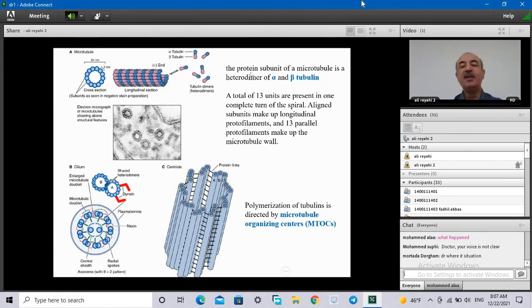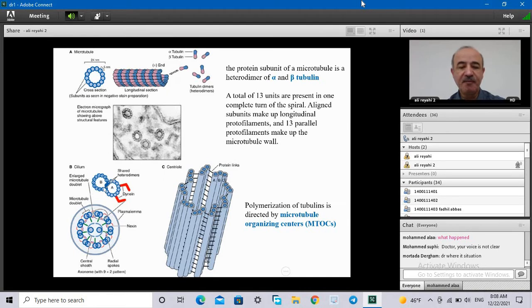The protein subunit of a microtubule is a heterodimer, alpha and beta tubulin, and a total of 13 units are present in one complete turn of the spiral. It's added spirally, and finally it forms the microtubule.